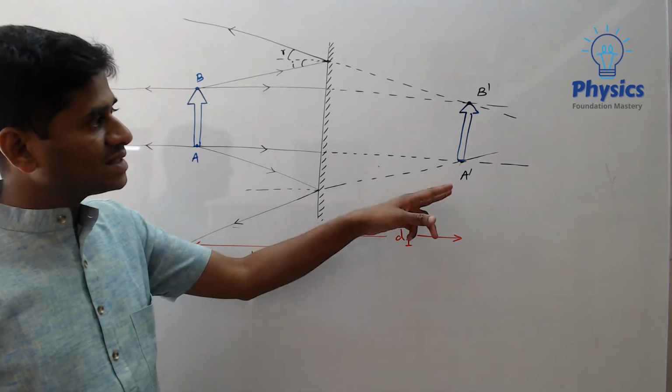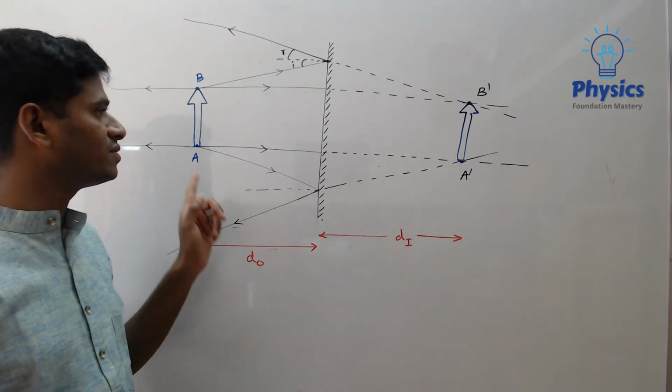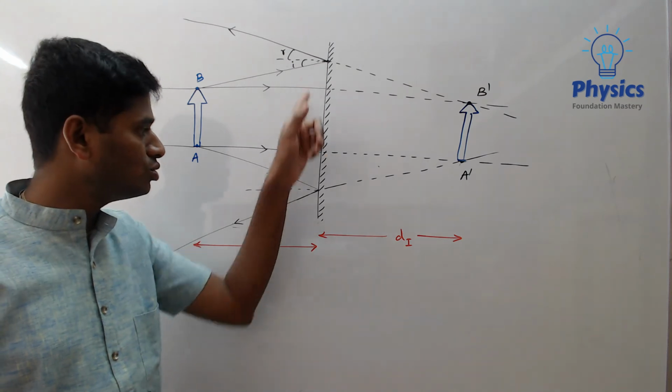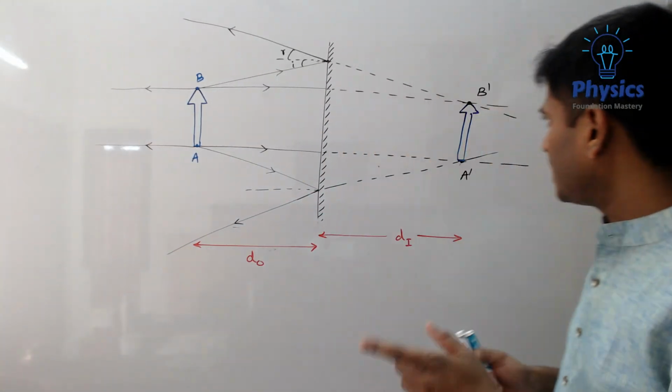Also I said the size of the image is always the same as the size of the object when it comes to a plane mirror.